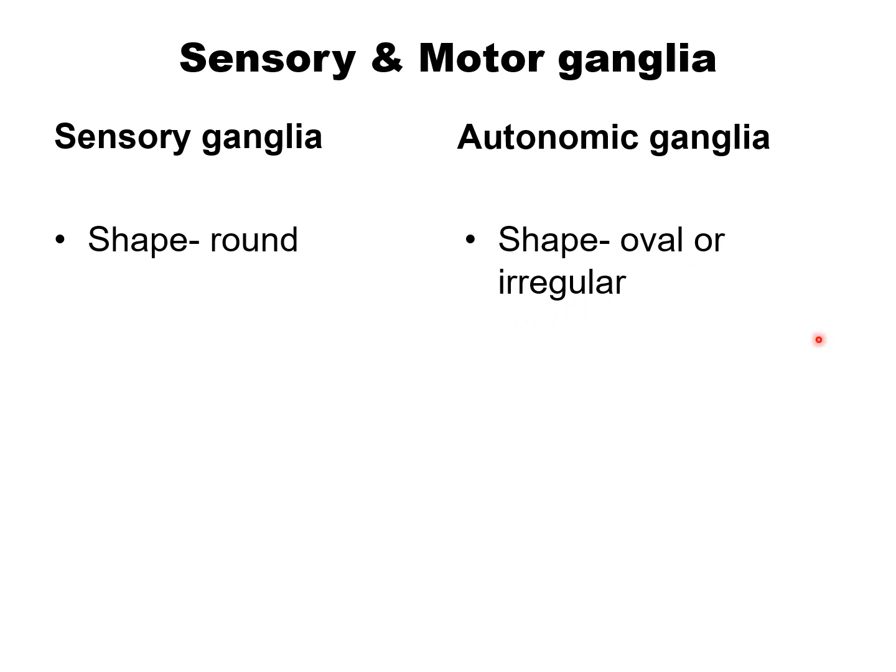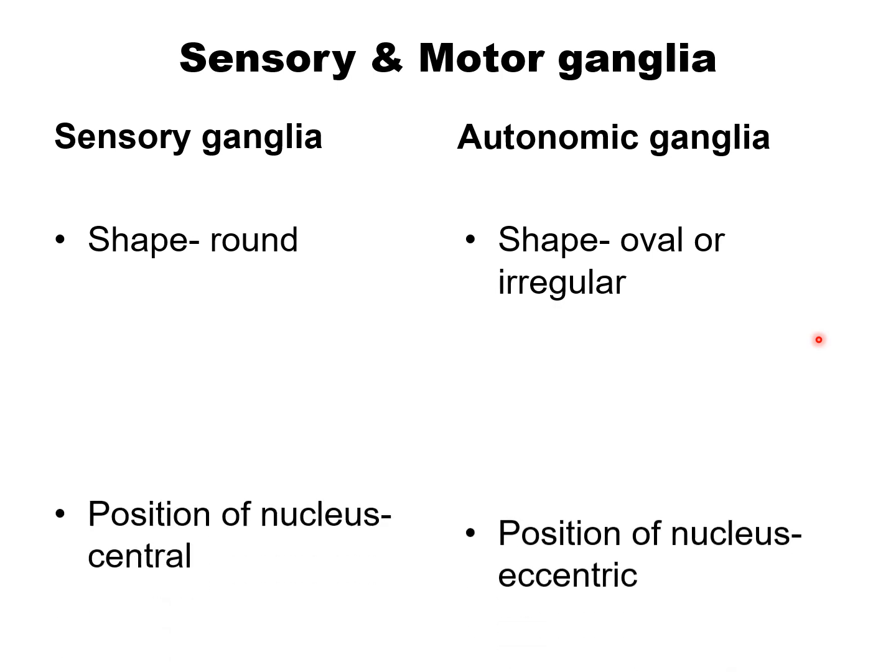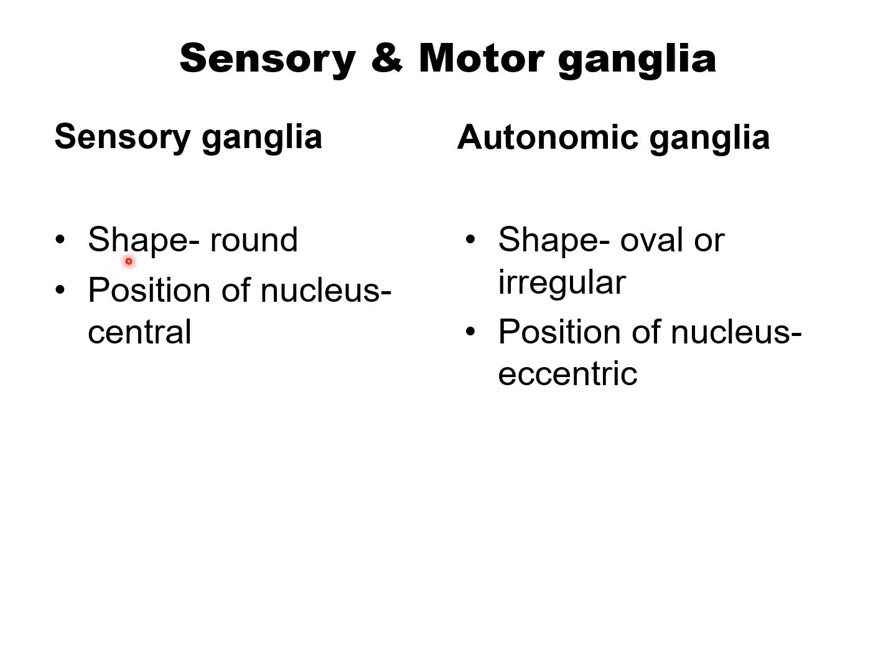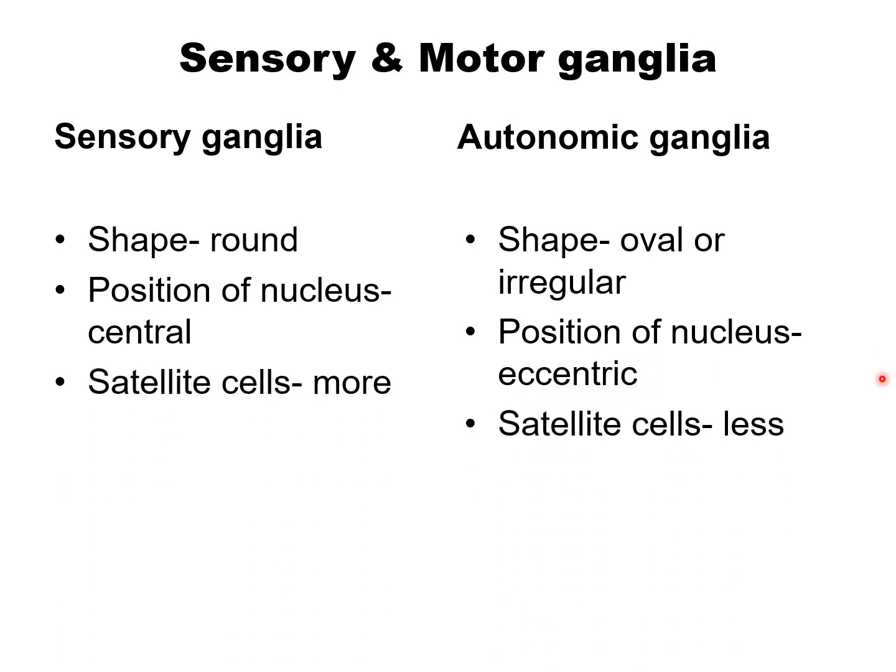Already I have explained why it is irregular, because they are multipolar neurons, and the sensory ganglia have unipolar or pseudounipolar neurons. The position of the nucleus is most important. In the sensory ganglia, the nucleus is central, and in the autonomic ganglia, the nucleus is eccentric. The satellite cells are more in number in the sensory ganglion.